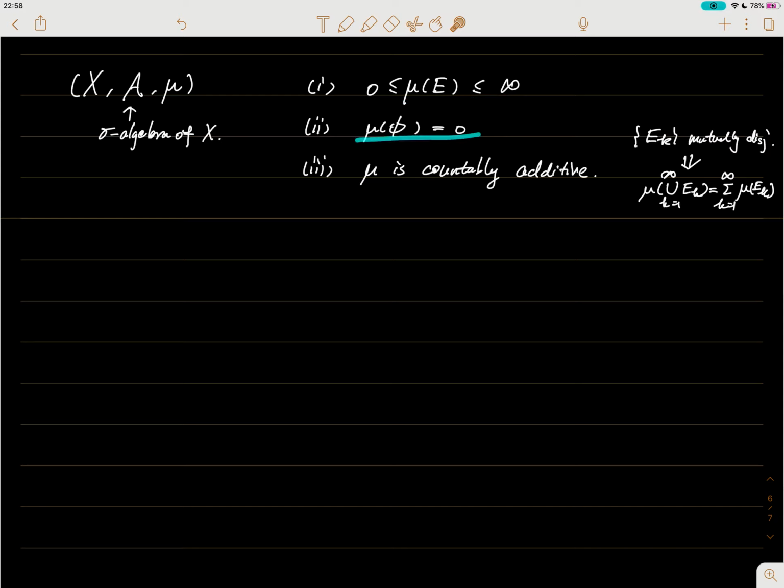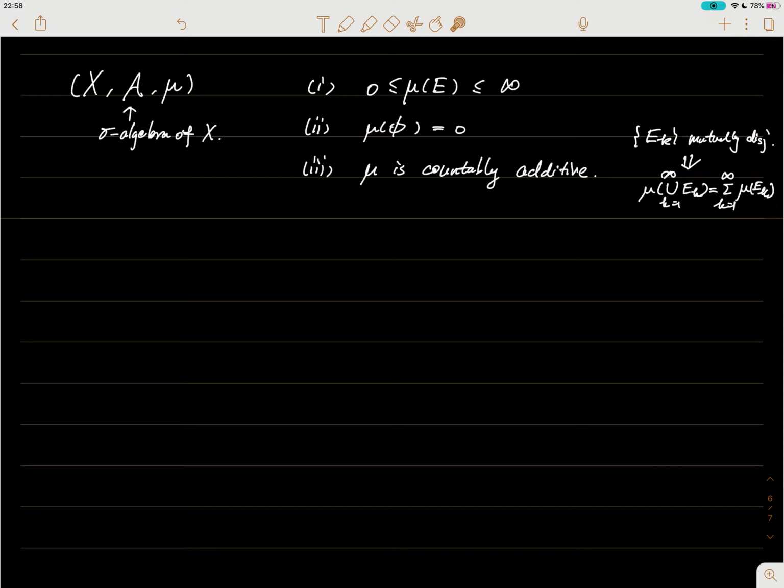Second is that the empty set has a measure 0. The third one is that the mu is countably additive, and that's the same as before. By countably additive, we mean this: if these EKs are mutually disjoint, then the measure of this union is equal to the sum of these individual measures.